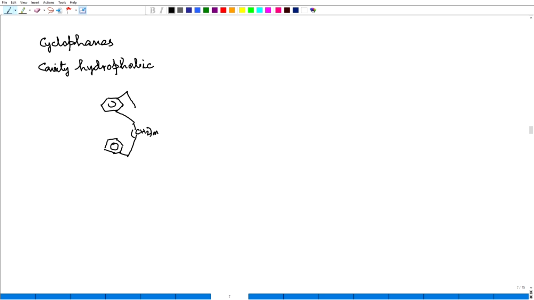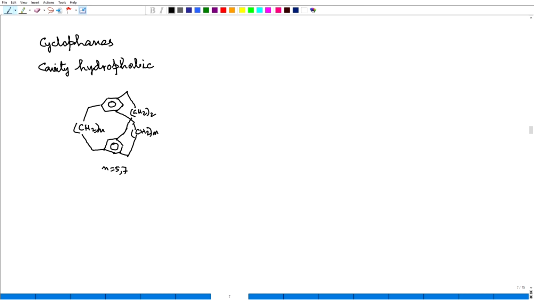These are beautiful structures. The one that I have drawn is not that rigid, as you can understand, because there is this aliphatic chain. If the (CH2)n is very large, then it may not be as rigid as we desire. And here n is 5 and 7, they are known, but it is a typical cyclophane.